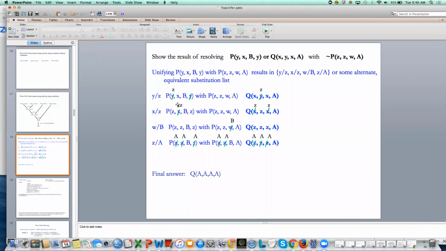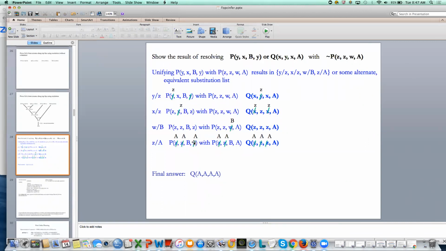You would go to the next one. You would substitute z for x. X would be bound to z. Again, you'd apply those substitutions throughout. You'd be doing a couple more. In this case, you've got a constant and a variable, so you would bind w to b, and you would apply that substitution throughout. There are no instances of w over here.